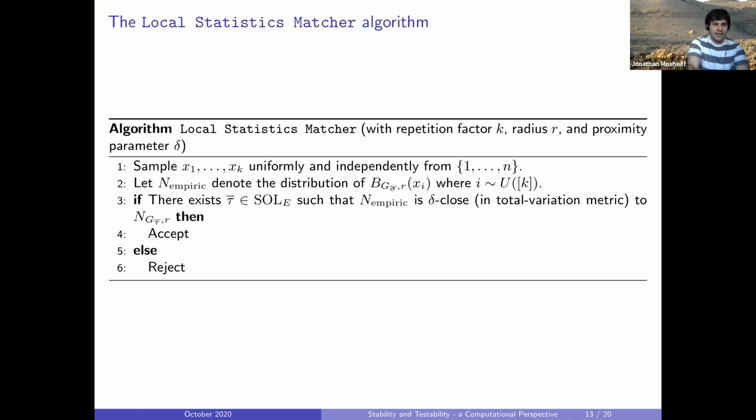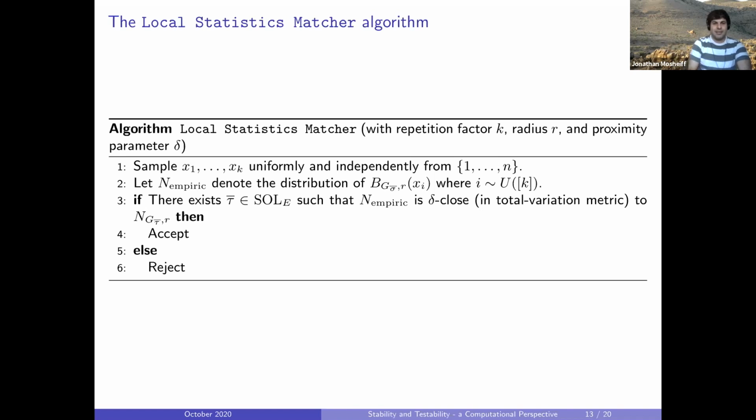So, estimating, yeah, this is related to what I was just going to say. First, how do we sample an empirical distribution? This is actually not a big problem. We just sample k x's, and we define N_k empirical as the actual distribution over those k specific x's that we sample at random. To sample a ball around one of these x's, you need to make a number of queries which is exponential in r, but is still a constant.